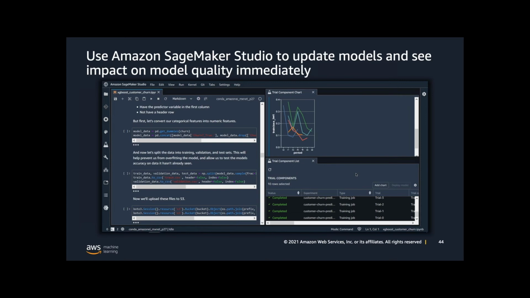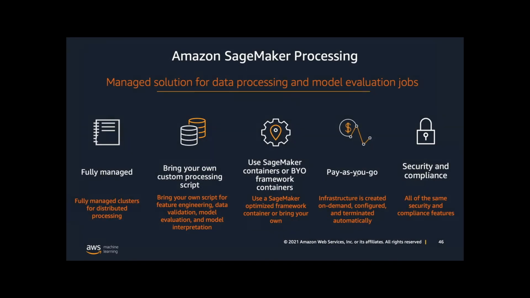SageMaker Studio is a really straightforward, visual, integrated environment that we're going to be talking about. Let me move on. And Amazon SageMaker Processing, not sure if you have worked with that, is a managed solution that provides a way to implement out-of-the-box scripts for pre-processing, post-processing, and model evaluation.